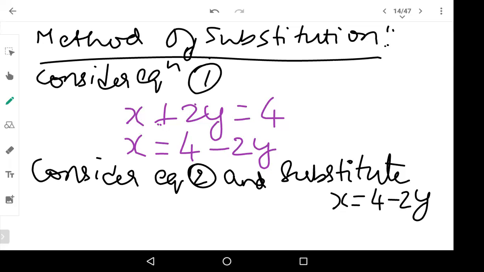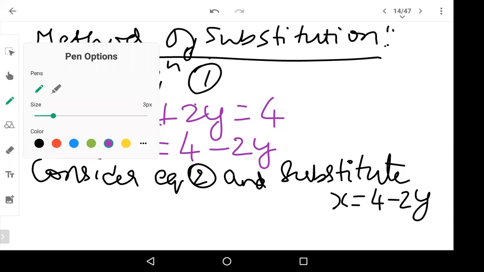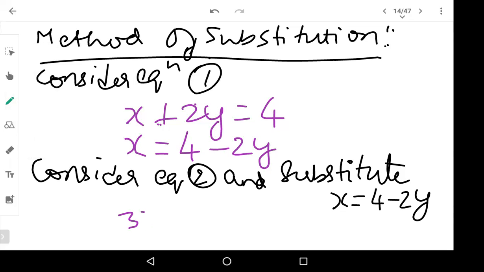Okay. So what is going to happen? What is equation 2 that we are considering? 3x plus y is equal to 7. In the place of x here, I'm going to substitute 4 minus 2y.